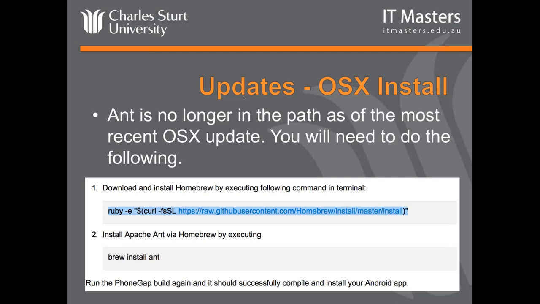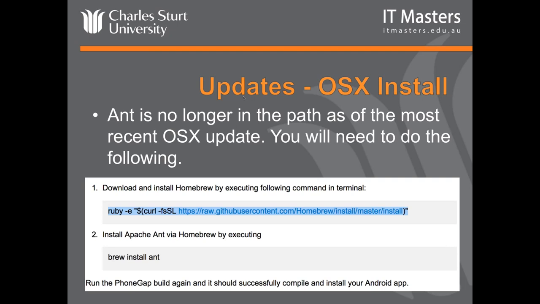If you've struggled getting builds to work, one of the reasons, if you're running the latest OS X build that's just come out, the latest OS X operating system, is that Ant is no longer in the path. So you will find, if you're trying to run a build, that you might be getting errors if you've got the latest operating system. This is something that's only just changed that I discovered this week. So we can get around that with these instructions that are down here.